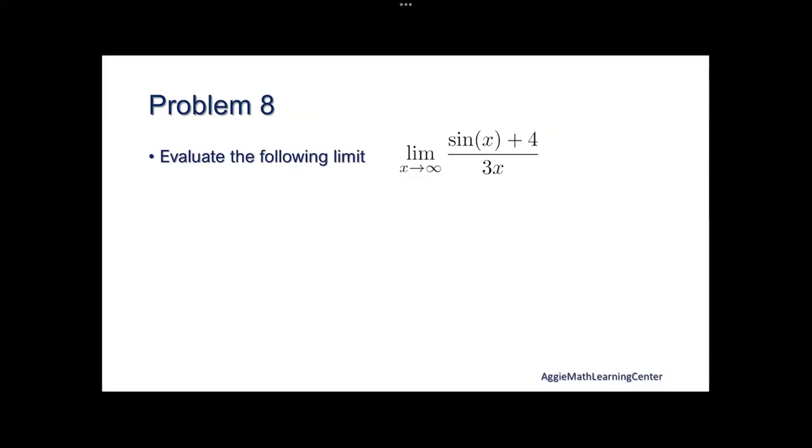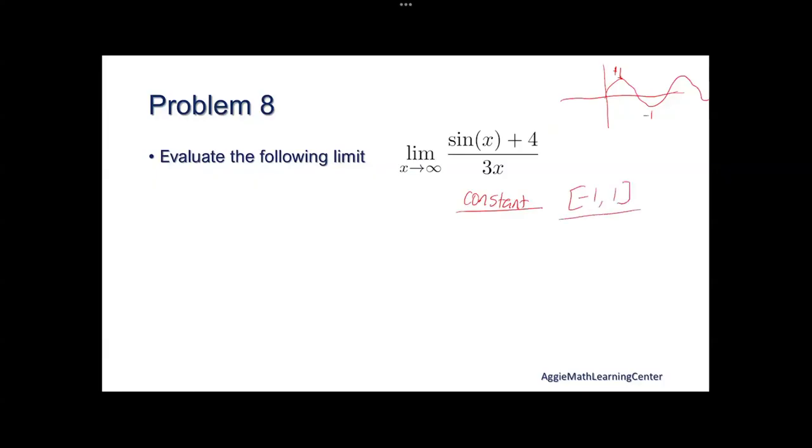So the basic shape of a sine graph looks something like this. As we go off into infinity, sine is going to be permanently stuck between +1 or -1 down here. So the limit as x approaches infinity up top is going to be a constant, either something between -1 and 1.